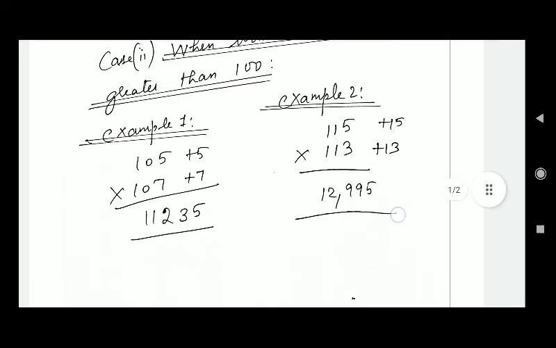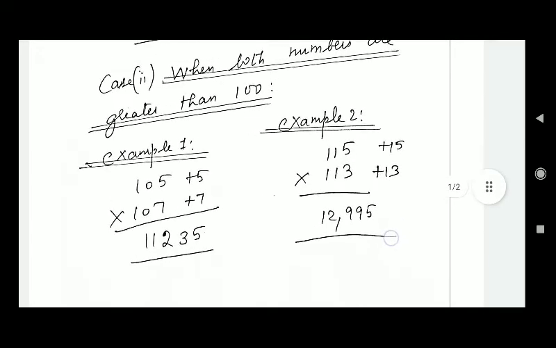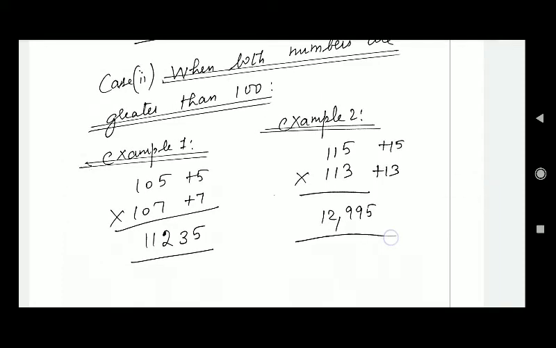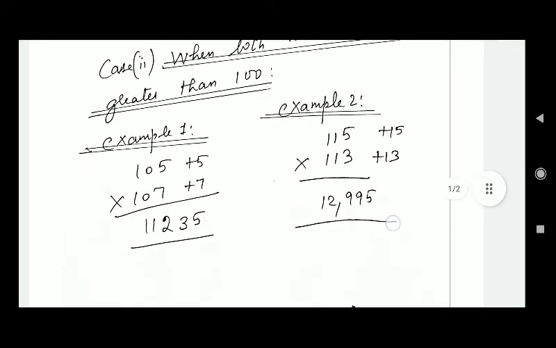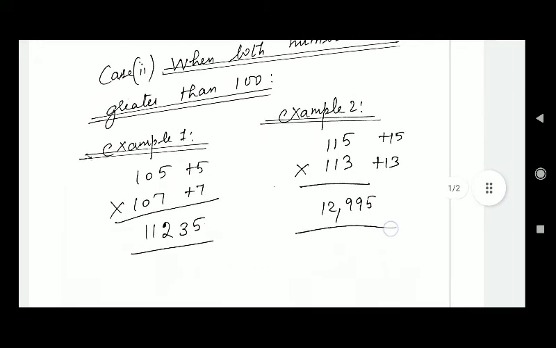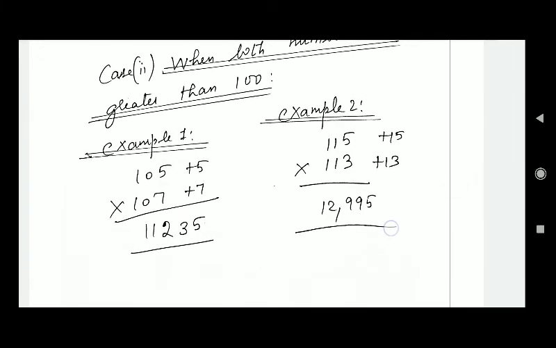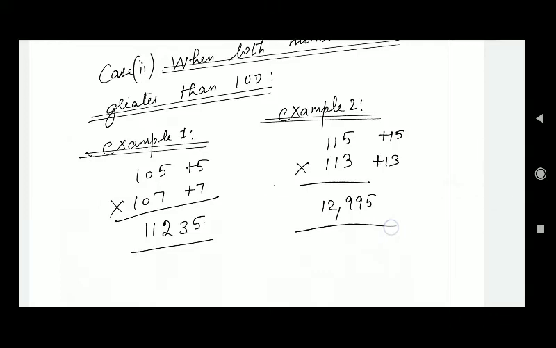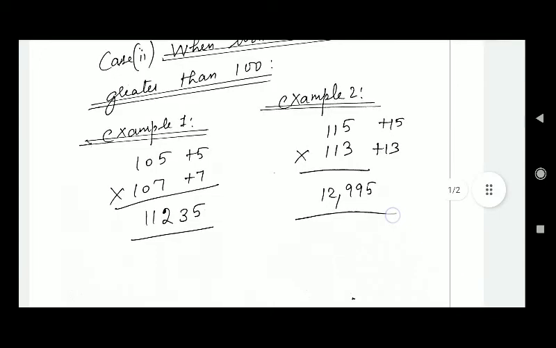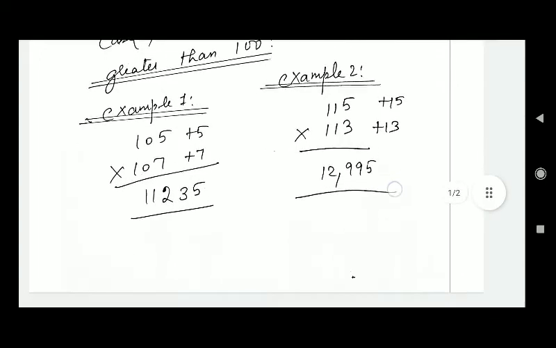In that 195, I am freezing the last two digits as 95, and the 1 I am taking as a carry forward. Now adding 115 to 13 or 113 to 15, both of which will give me the same result, which is 128, and with that 128 I have to add the 1 which was carried forward, which will give me 129. So 12995 is my required answer.